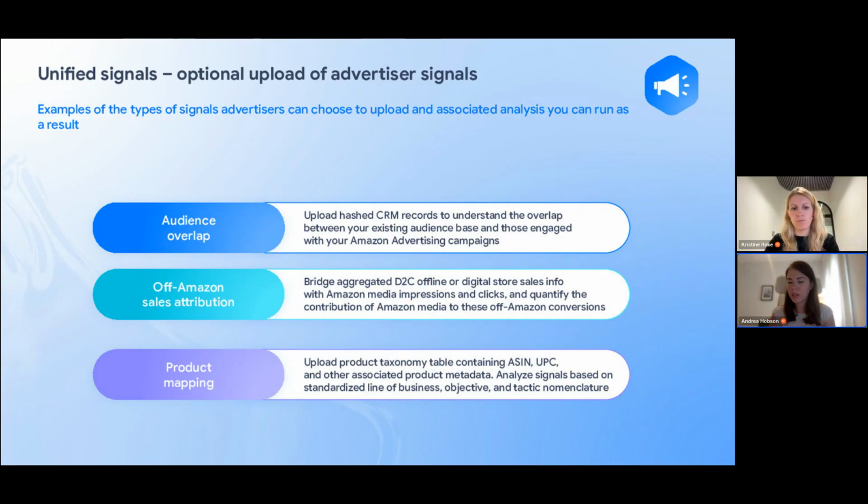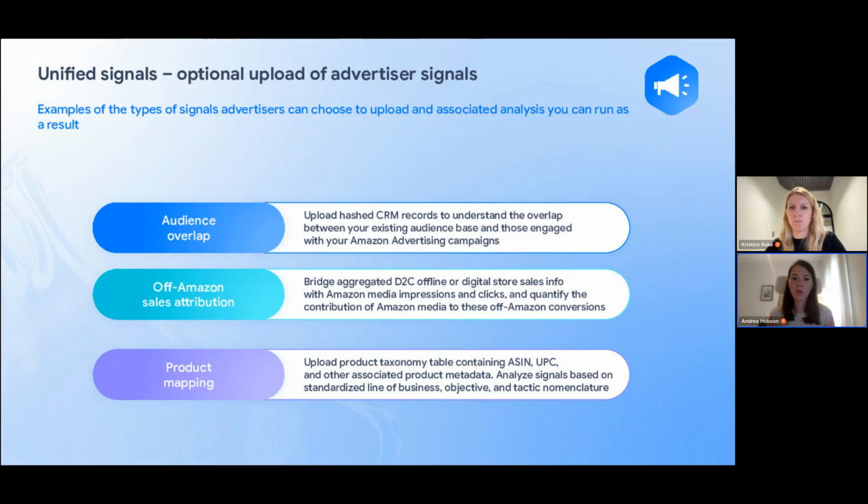It's interesting. For example, advertisers can identify which loyalty program members were exposed to a Sponsored Products campaign, and how that exposure relates to repeated purchases or Amazon sales attribution.